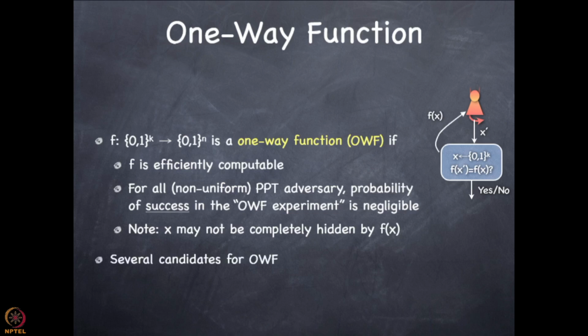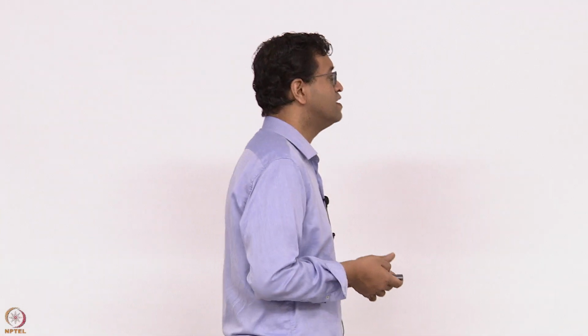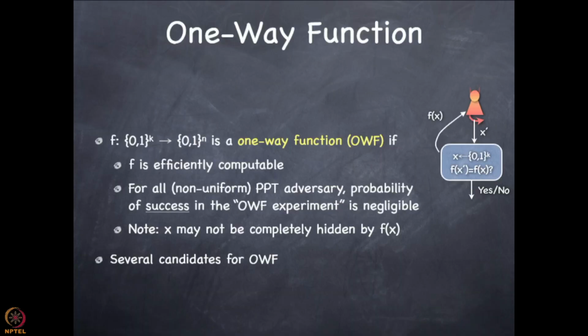A very simple definition. There are several candidates for one-way functions based on number theoretic things like factorization. So multiplication would be the function f, and trying to invert f would be to factorize it into, say, two prime factors. And there are many others, so we'll see something today later.